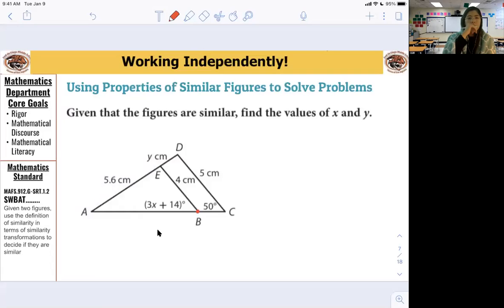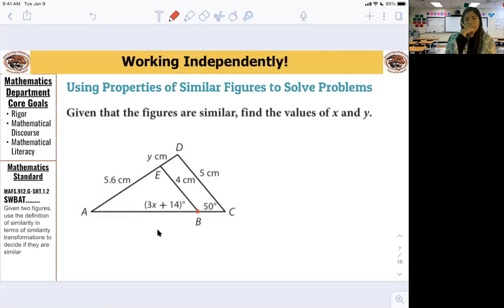So let's start with the angle measurements. What equation can I set up for those angles? I was stumped, but I think I did something good. Okay, that might be right. I did 3x plus 14 plus 50 is equal to 180. Interesting.